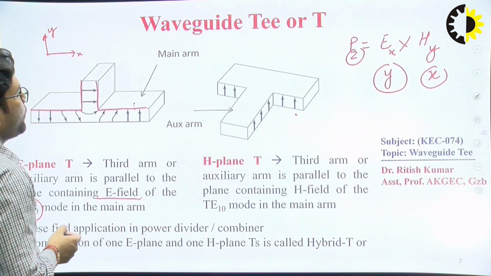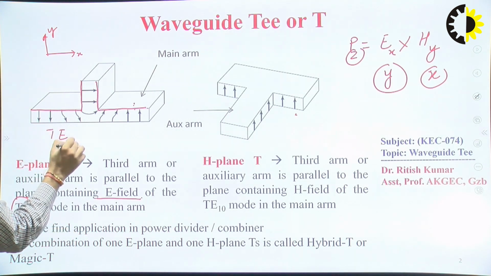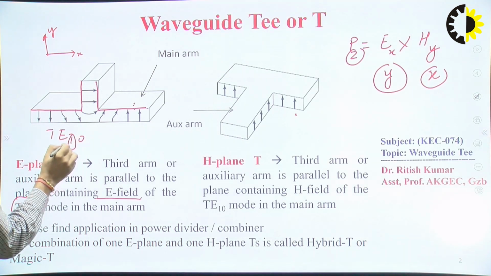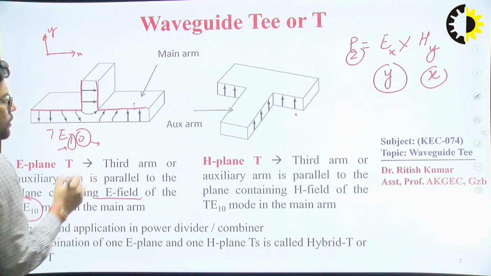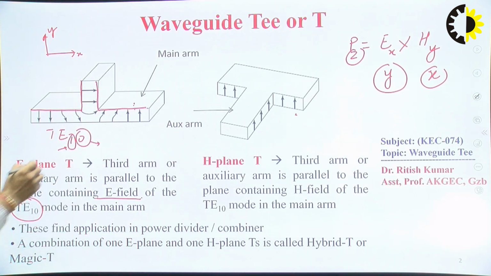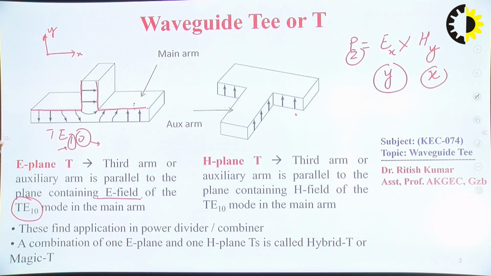The TE10 mode is the fundamental mode of a waveguide, where 1 represents the half-wavelength variation in the x direction, while 0 represents the half-wavelength variation in the y direction, so there is no variation in the y direction. This is the fundamental mode of the rectangular waveguide.